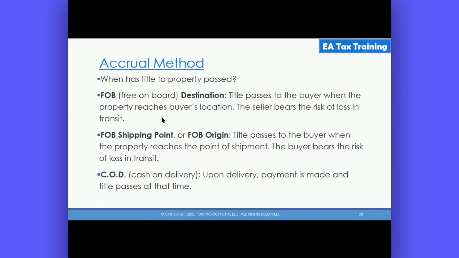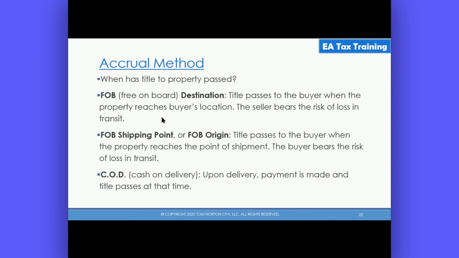FOB shipping point is the opposite. This is sometimes also called FOB origin. So here, the title passes to the buyer when the property reaches the point of shipment. The buyer bears the risk of loss in transit. So again, same machine, putting it on the truck. Soon as it's on the truck, title passes to the buyer.